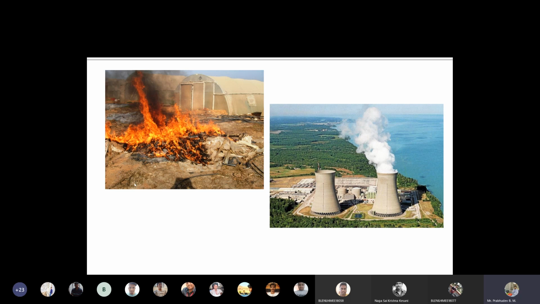In some places, they collect all this biomass, burn it in a confined space, and the heat released is utilized to generate power. These are local power plants. So this is another energy source you can think of for generating power.